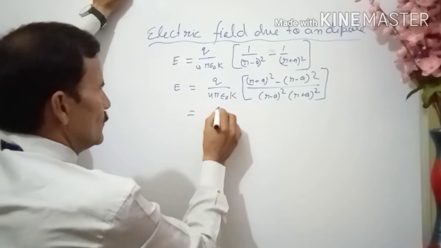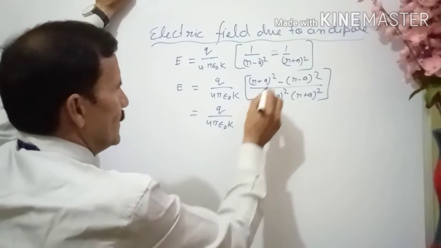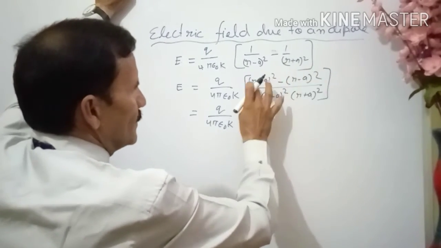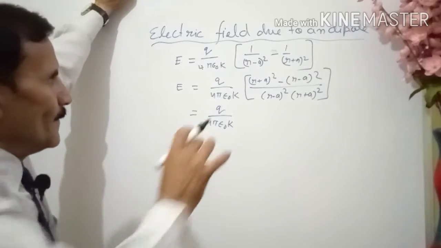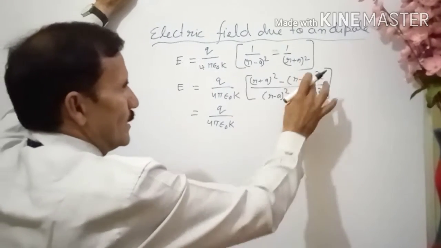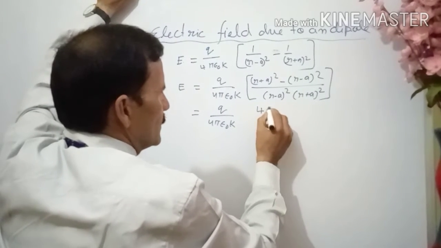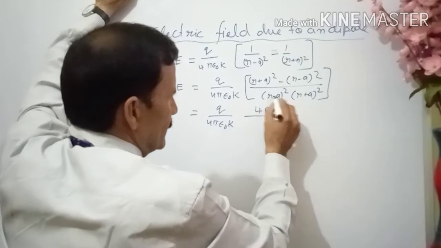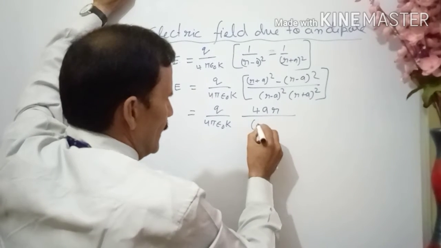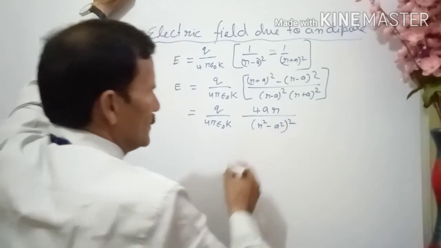Now what will you do? Further solve that 4 pi epsilon naught k, and when you square them, the squares will cancel out because the squares are the same. But this 2ar and here minus 2ar both will be added. So you are getting here 4ar upon r square minus a square, and that is whole square.